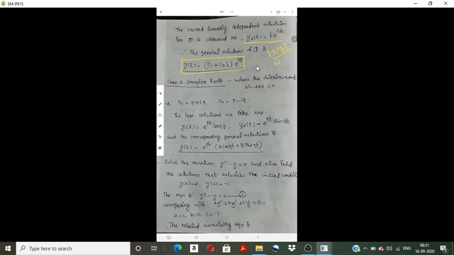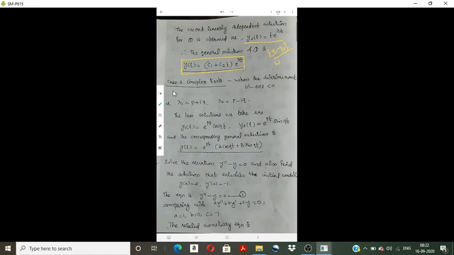So when the auxiliary equation has real and equal roots, the two solutions of the corresponding homogeneous equation with constant coefficients are y1 of t equal to e raised to lambda t and y2 of t equal to t e raised to lambda t, and the general solution is y of t equal to c1 e raised to lambda t plus c2 t e raised to lambda t, which can be combined and written in this form.